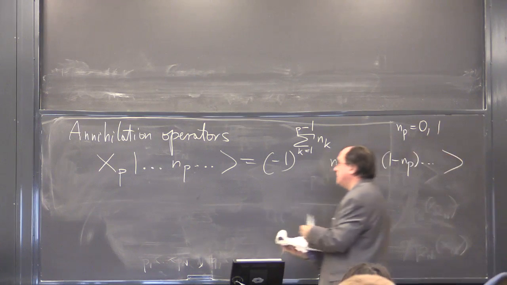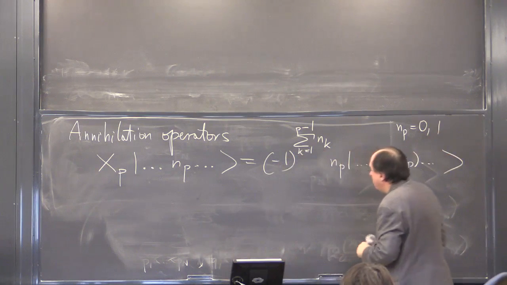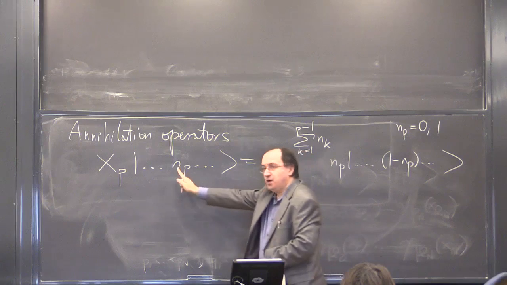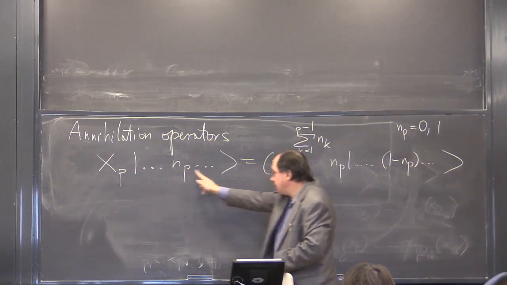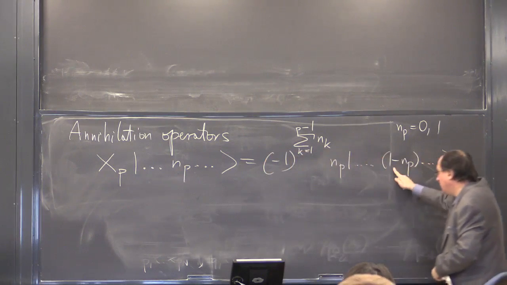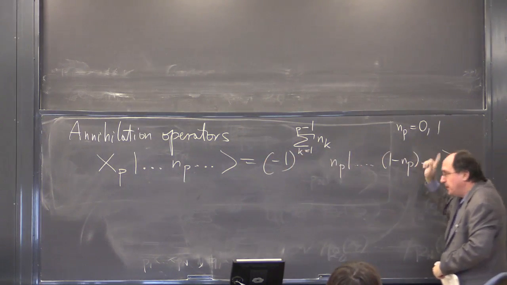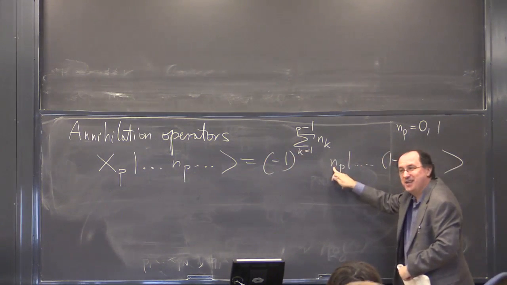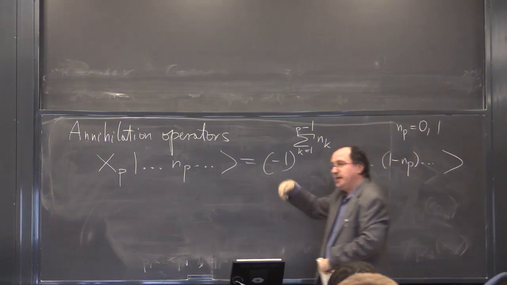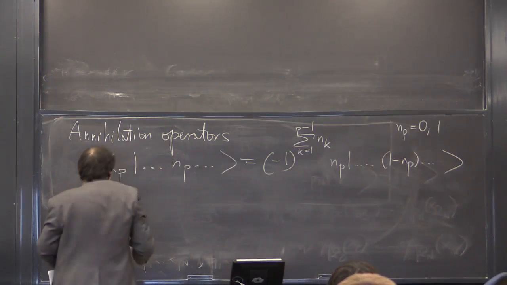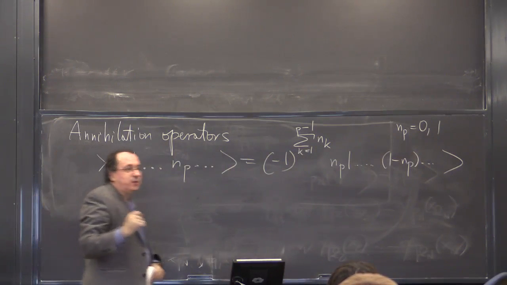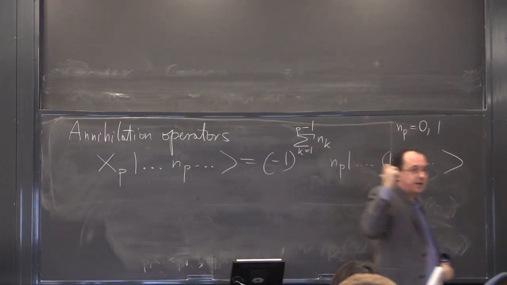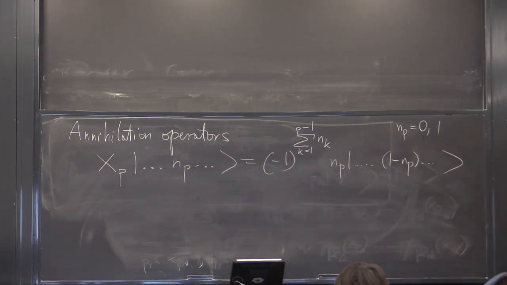Well, let's try to understand it. If N_P is 0, let's continue reading, that becomes 1 minus 0, but that's not so important. We have a 0 here. That 0 means that the X_P operator acting on a state in which a given spinor is unoccupied annihilates it, produces 0.